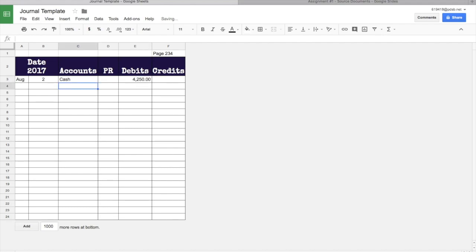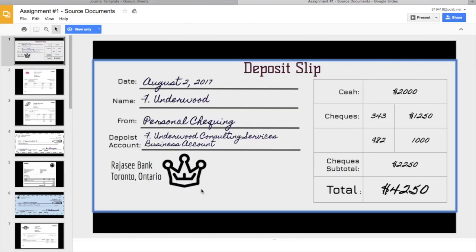Okay, what account is crediting though? Because we know that every time you debit a value, you also have to credit it so that the debit and credit value becomes 0. We know this from the previous accounting cycle. So what we do is that we have to figure out what account is crediting. We know that it's going into the business account, so it has to be either drawings or capital, and we know that it has to be $4,250.